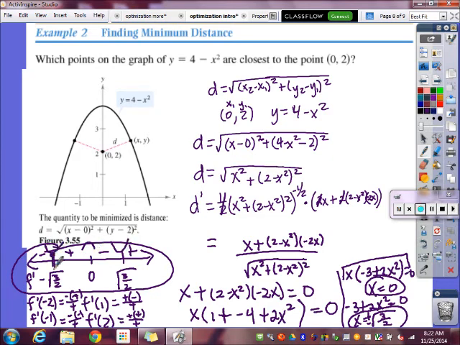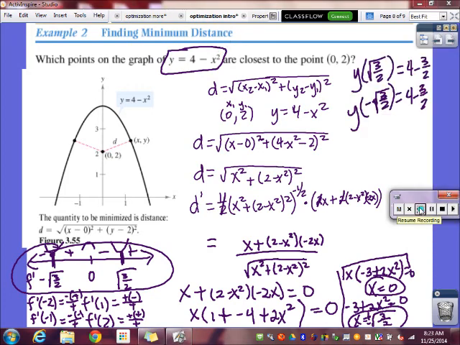So I have a minimum at negative square root of 3/2 and positive square root of 3/2. It says which points, so I've got to take those x values, plug them into my corresponding equation to get the y values, and then I'm done.